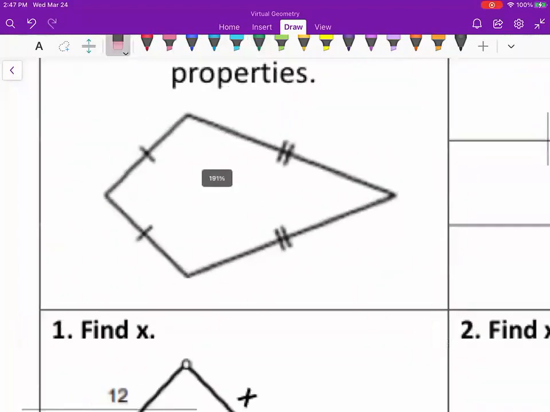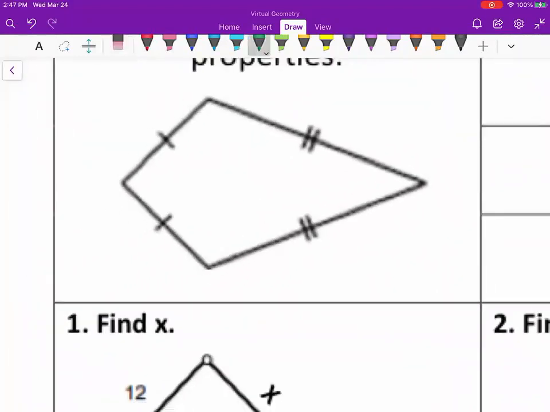Now, kites more specifically are made from two isosceles triangles, which is where we get those two congruent sides, because I have one triangle here on the left, and in that triangle, I get my two congruent sides. So there are my legs of that isosceles triangle, and some of the labeling is still the same.